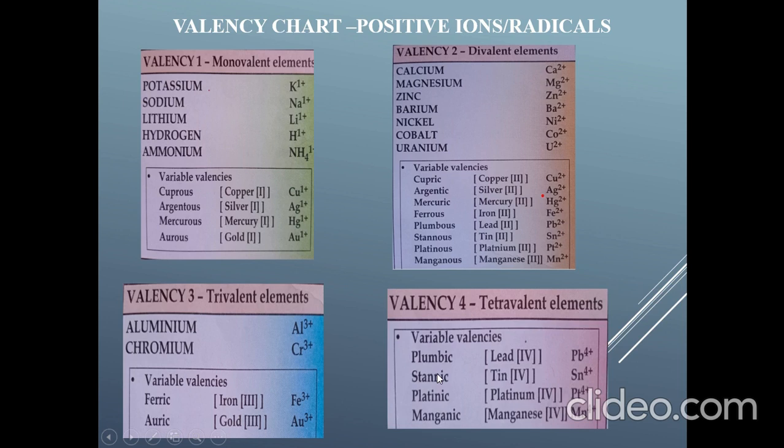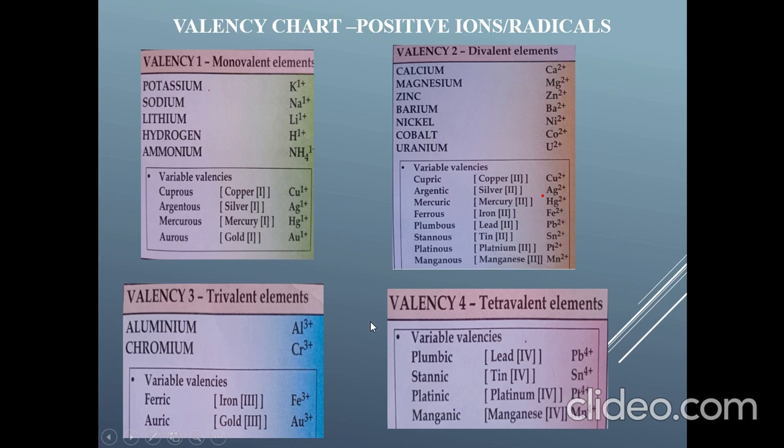So they are trivalent in nature. Now, if the valency is 4, it is called tetravalent. Plumbic Pb4+, stannic Sn4+, platinic Pt4+, manganic Mn4+. All of them have valency 4. They are tetravalent in nature.